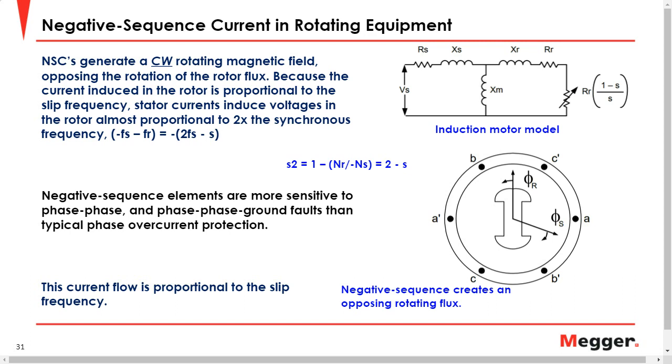You definitely will show some imbalances, and those imbalances do show up as negative sequence and or zero sequence components. Hopefully that answers your question on that.